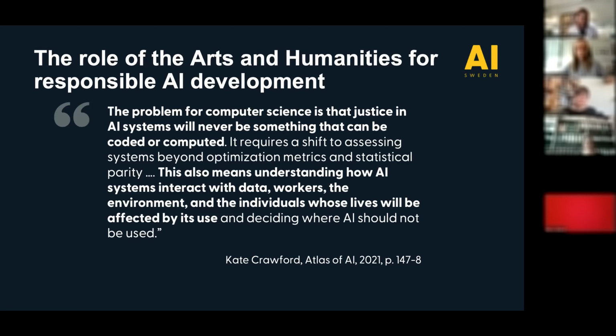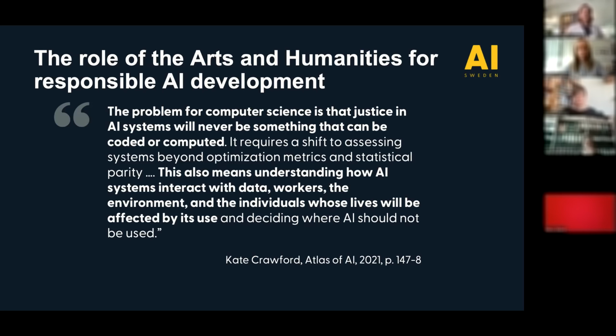So Kate Crawford has written a really good book that I highly recommend, The Atlas of AI, where she problematizes the fact that, for example, justice is nothing that can be coded or computed. And that issues regarding justice or ethics or fairness always involve building an understanding for how AI systems interact with data, with workers, the environment, and the individuals whose lives are affected by the use of these systems.